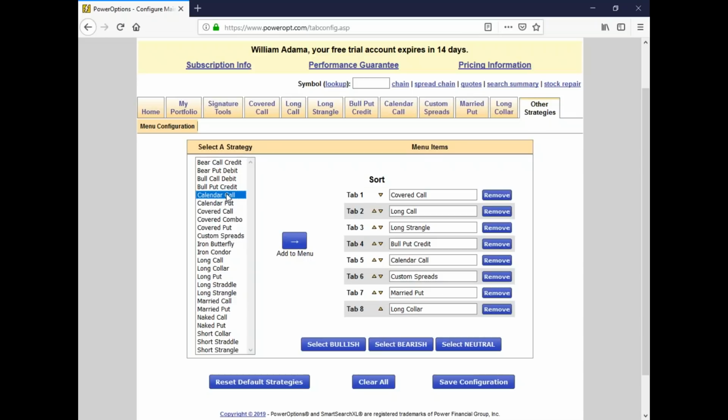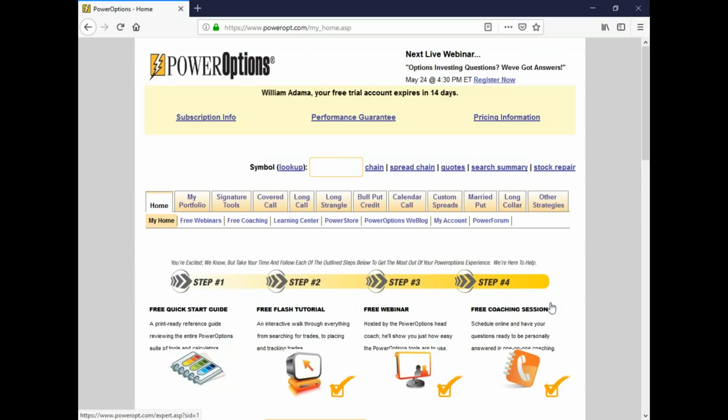Calendar calls, calendar puts, and calendar calls and calendar puts mean both diagonal spreads, where in a calendar call, it'd be buying a call that's slightly in the money and selling a call that's at or above that strike price. Also horizontals, same strike. You can screen for both in either the calendar call or the calendar put. And then of course our 4 vertical spreads are listed there as well, bear calls, bull puts, and more. All right, so those are how you can access the different strategies, and the bid-ask spread should be available in all of those strategies as well.